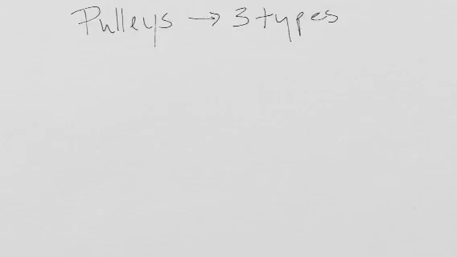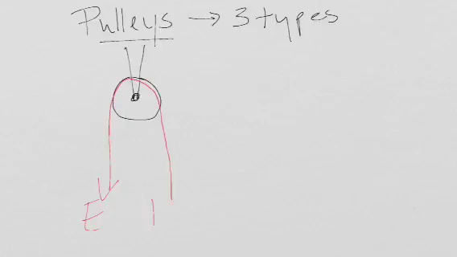Just like in levers where we've got 3 classes, we do have 3 specific types of pulleys that we're going to look at. And these pulleys accomplish specific tasks. At the end of the day, you need to remember that a pulley is nothing more than a wheel with a little axle in the middle. This is either attached to something, and it allows you to pass a rope through it, and it allows you to put in an effort in order to raise a load.